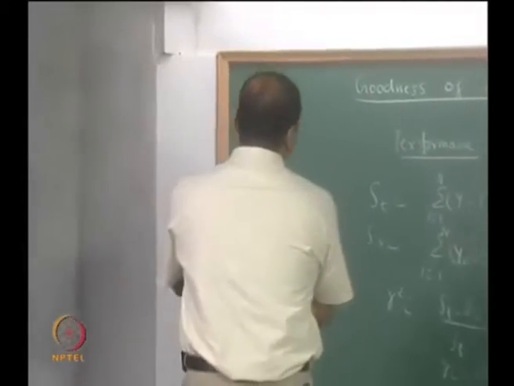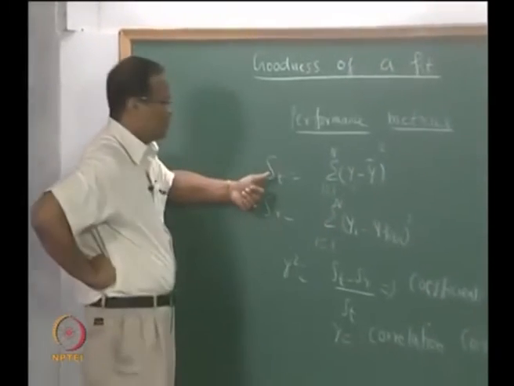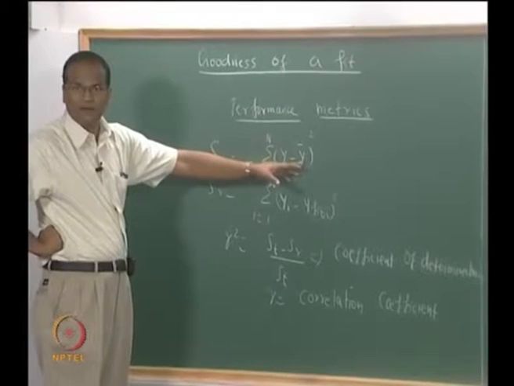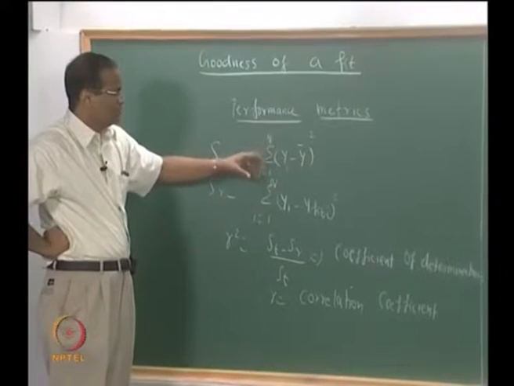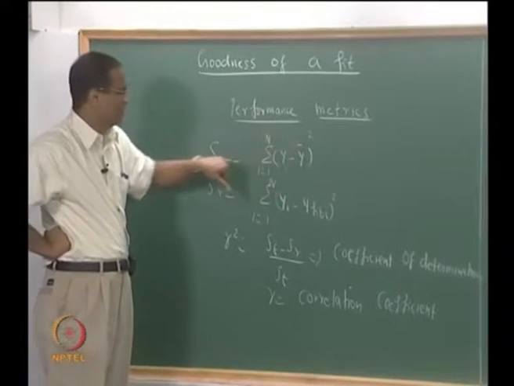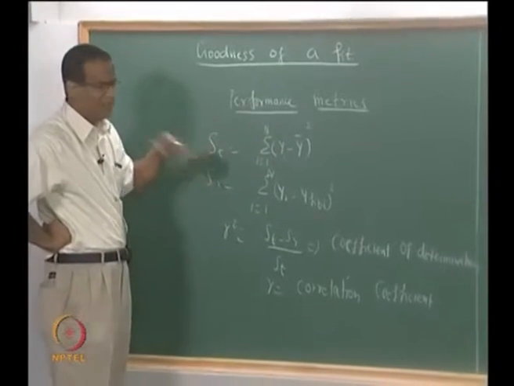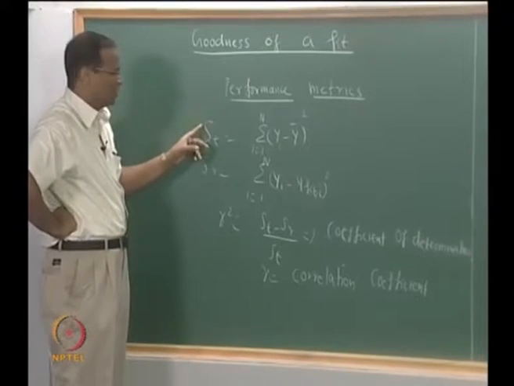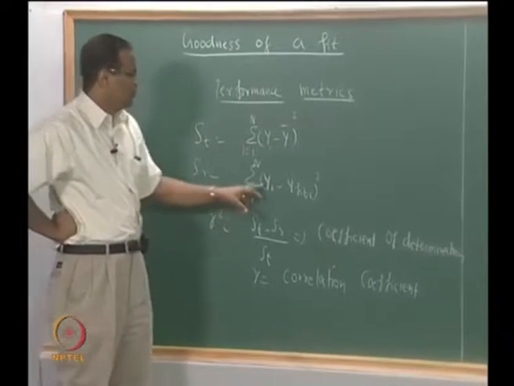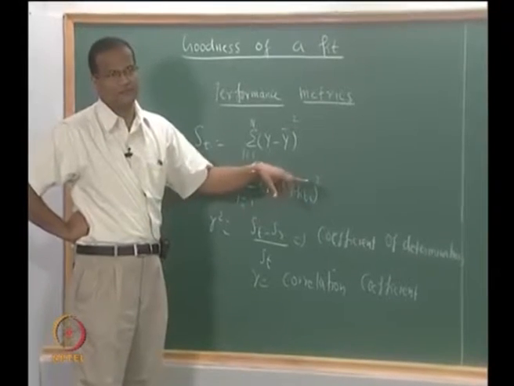The performance metrics are, first, before the correlation you had all the data and you had the y bar, that is the y mean. So the sum of the deviation from the mean of all the data, this is ST, okay, you can call it the total, sum total, whatever. SR is the residue, which is the sum of (yi minus y fit) whole square.